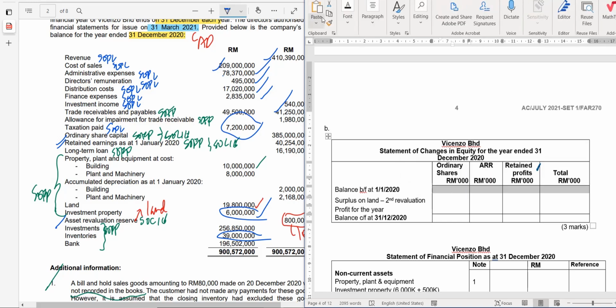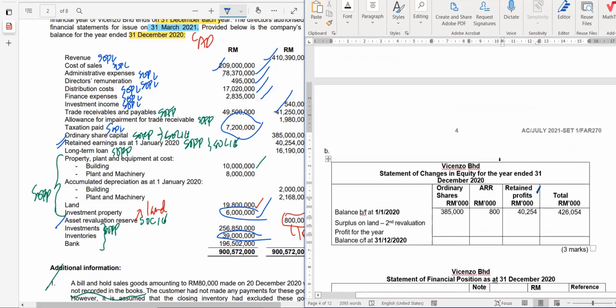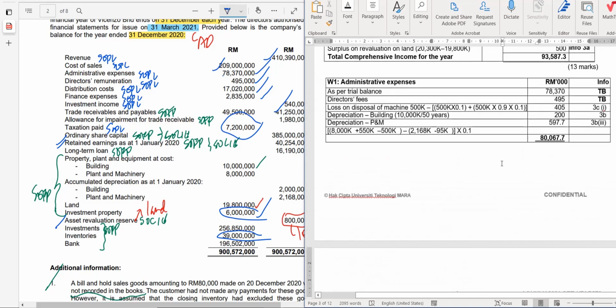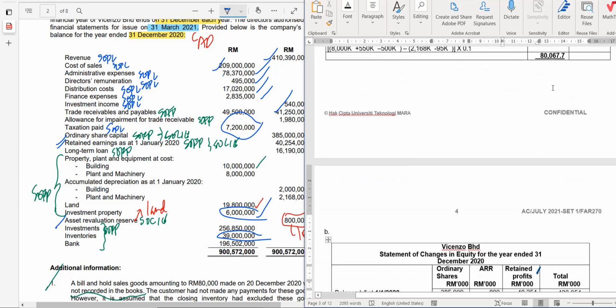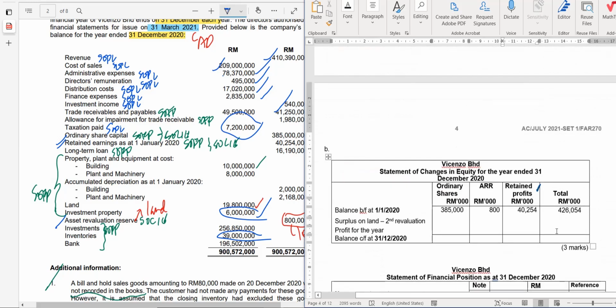The balance given in the trial balance would be this one given in the question, the 385. Take that from your trial balance, and then you have to include the profit for the year. Remember, the profit for the year that we have just calculated was 93,087.3, so that one must be included here.